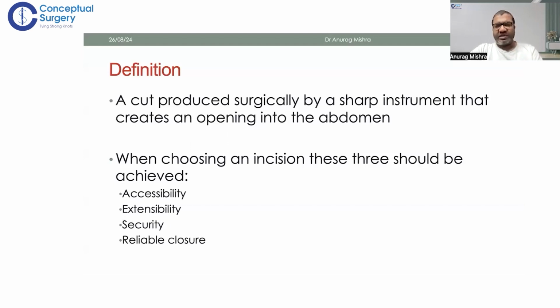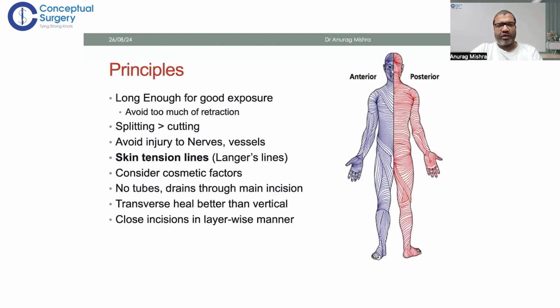It should be a safe incision, meaning it should not injure blood vessels, nerves, and other structures. And also, the closure of it should lead to reliable healing and fewer chances of late complications.